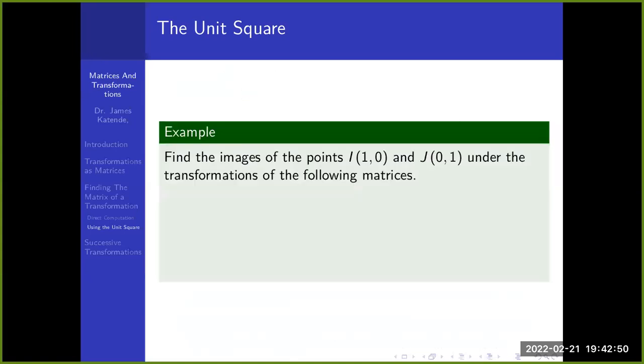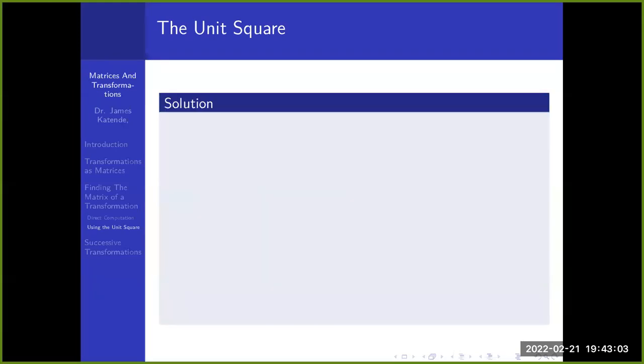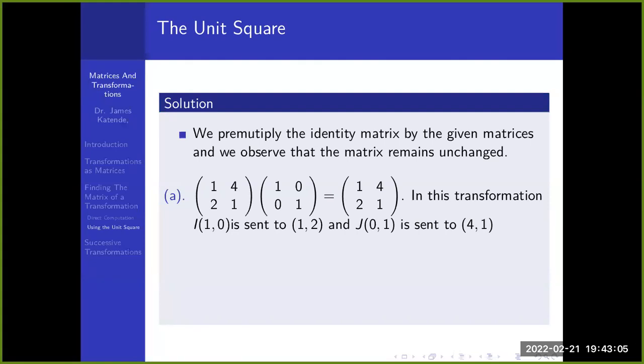We'll look at an example. This one is simple. We have these two matrices, and we want to see their impact on the points I and J on the unit square. The first one simply does not change the matrix, so it still gives you back your matrix of transformation.